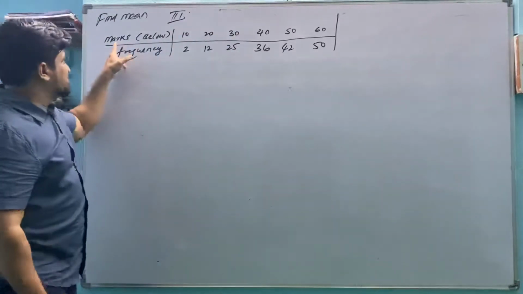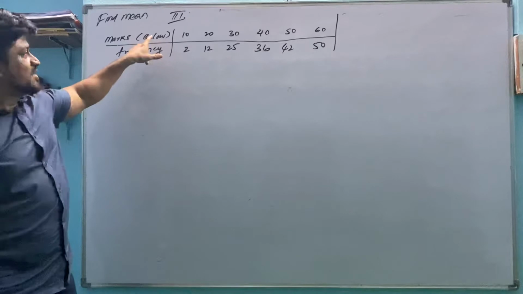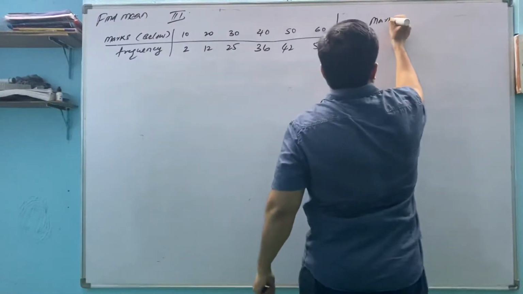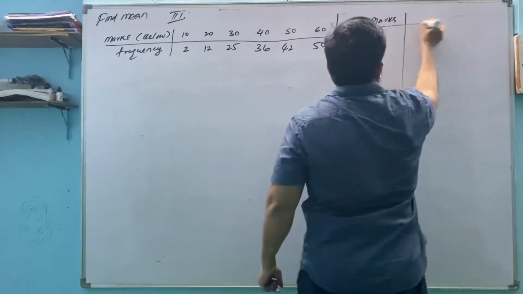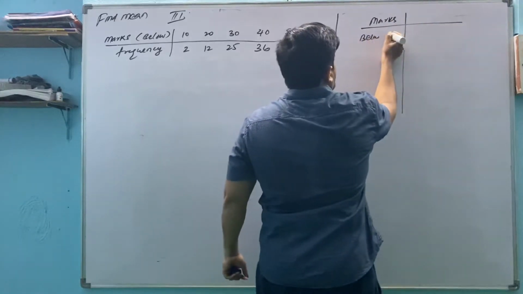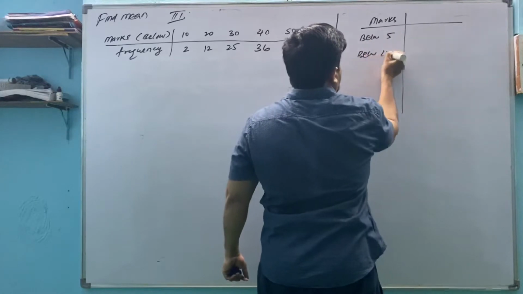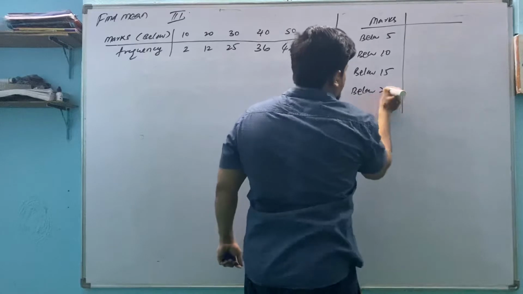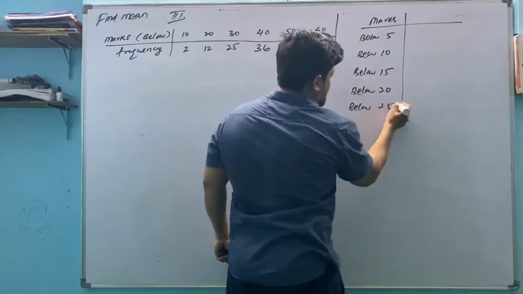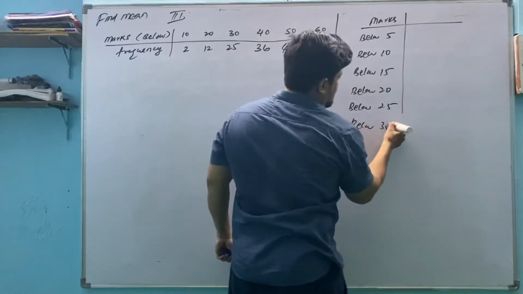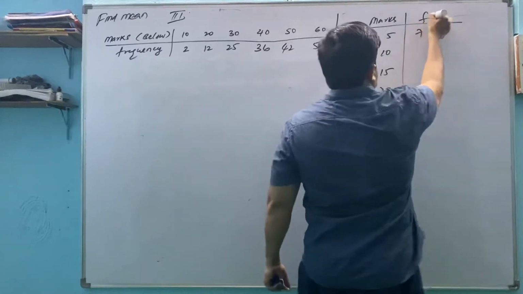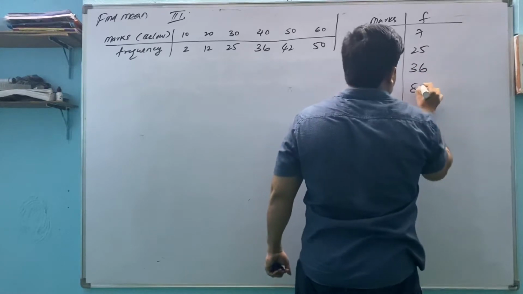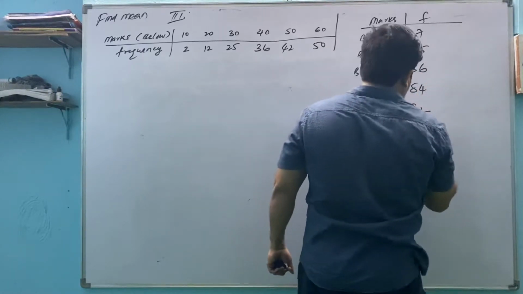But if it has marks below written to us, the question is in this form, or they can give it in this way. Marks: below 5, below 10, below 15, below 20, below 25, below 30. Frequencies are 7, 25, 36, 84, 92, 100.